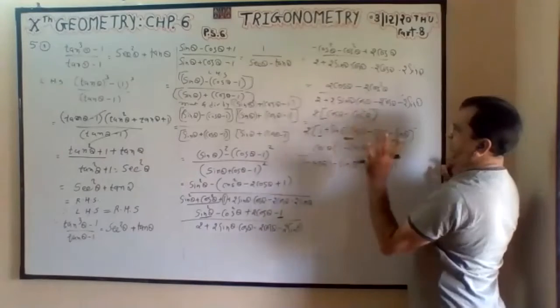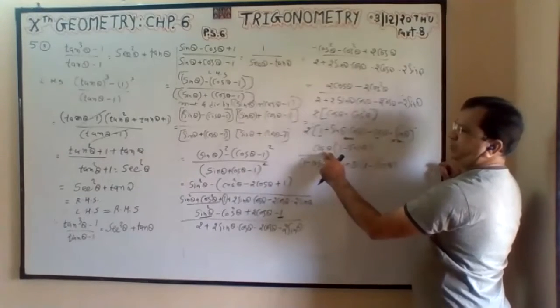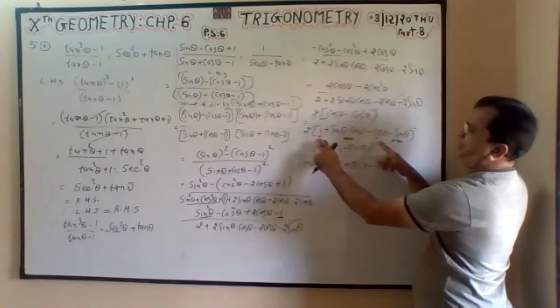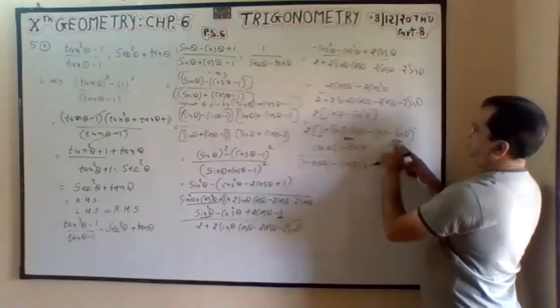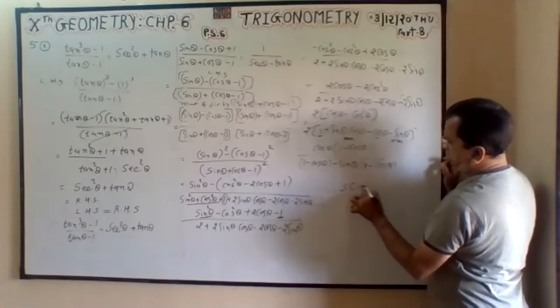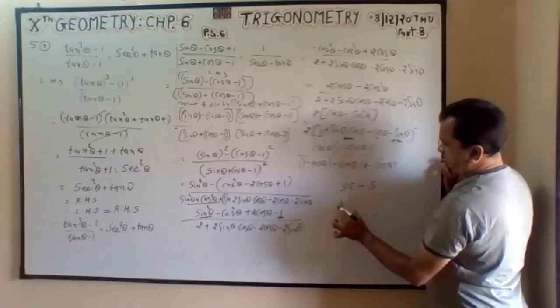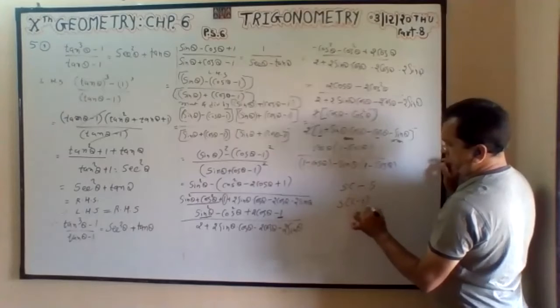Again 2 cancel. From here I have taken cos common; this and this I have written 1 minus cos. This and this means sin cos minus sin. So I will take sin common, so cos minus 1.